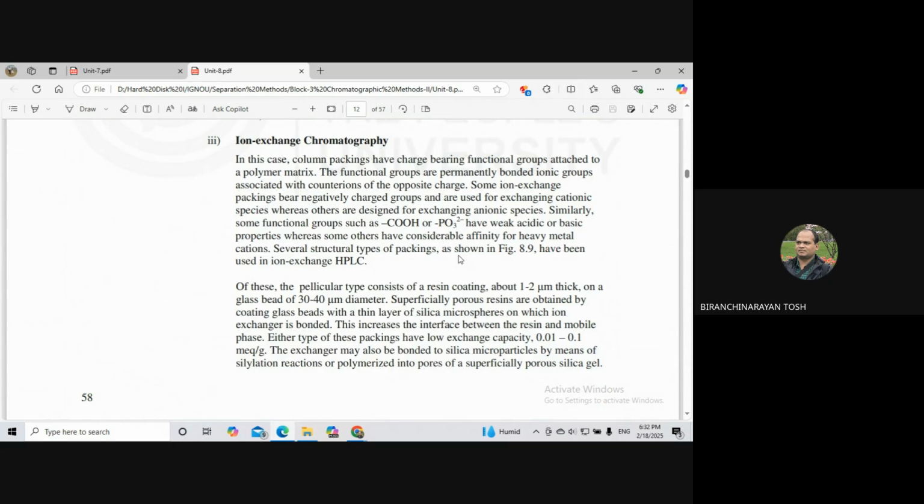Some ion exchange packings bear negatively charged groups and are used for exchanging cationic species, whereas others are designed for exchanging anionic species. Similarly, some functional groups such as carboxyl or phosphate have weak acidic or basic properties, whereas some others have considerable affinity for heavy metal cations.